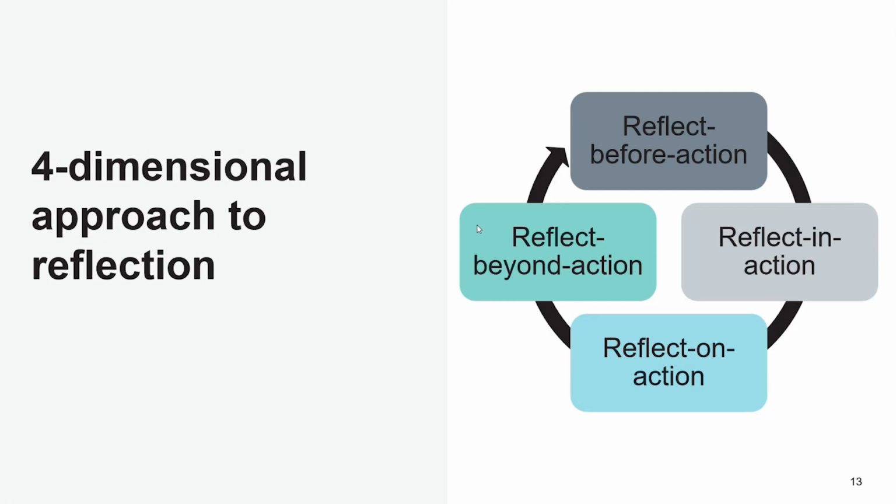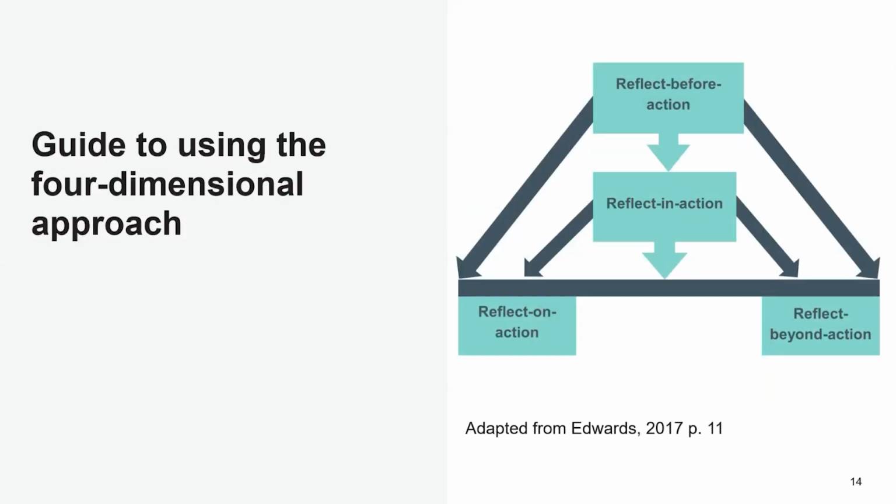And post that, the reflect beyond action is going to draw on all this and potentially multiple experiences of it, and then feed into your practice next time and how you approach tasks or experiences in the future. And this is just another way of illustrating that reflect before and reflect in are going to influence your reflect on and reflect beyond. Okay.